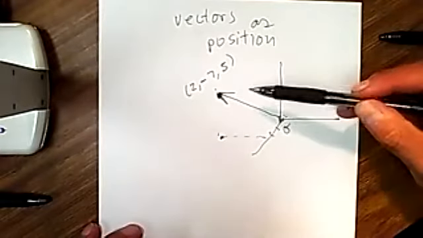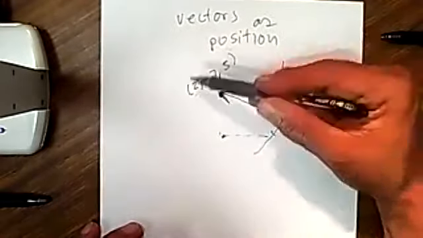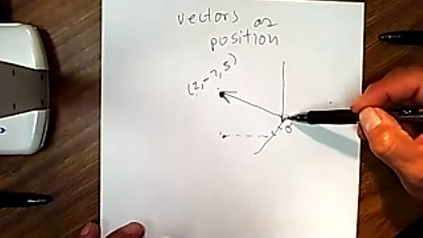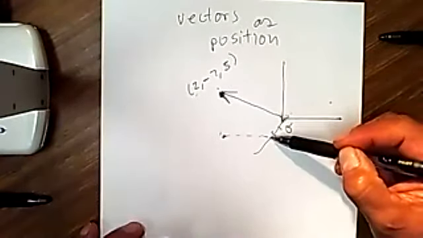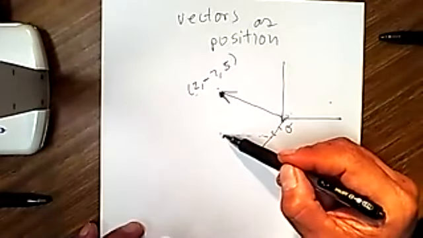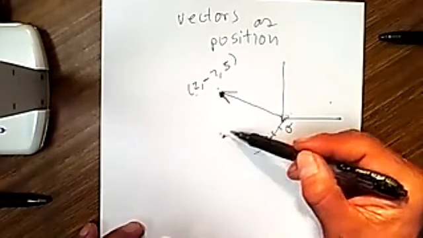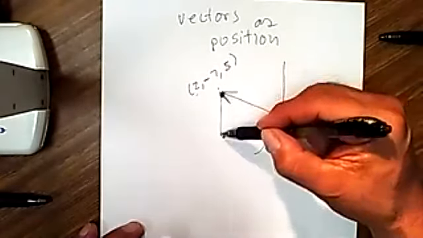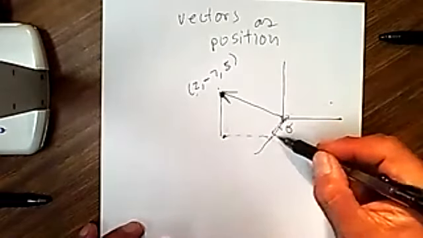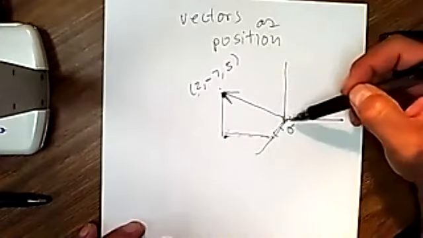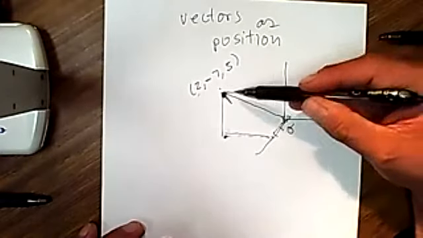So we can think, again, this vector could represent this location relative to 0 by going 2 units in the x direction, 7 units to the left in the y direction, or the opposite of the positives, and then up 5 units. Or it can represent the motion to go from 0 to here.